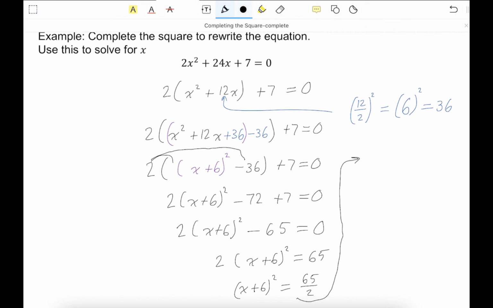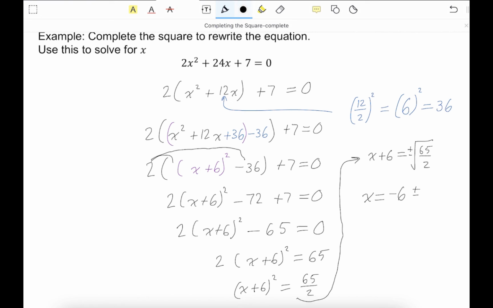We'll then take the square root of both sides. I get x plus 6 equals the square root of 65 over 2. I'll put plus or minus here as well. And then the last step is just to subtract 6. So x equals negative 6 plus or minus the square root of 65 over 2.